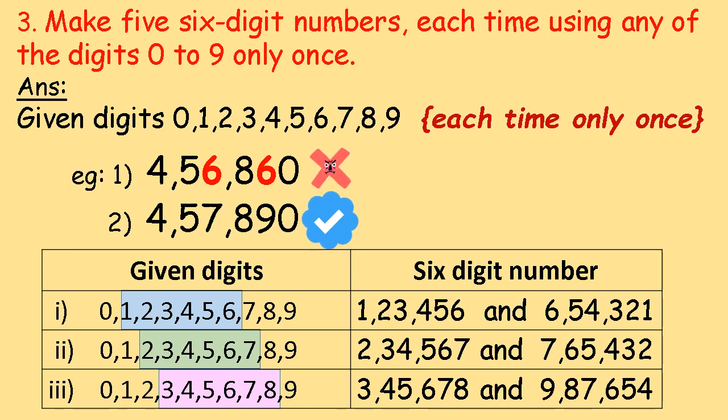In second number, I have taken digits from 2 to 7 once in the ascending order and once in the descending order. Similarly, you can try various combinations of given digits to get 6-digit number, or you can select the digits randomly from the given digits.